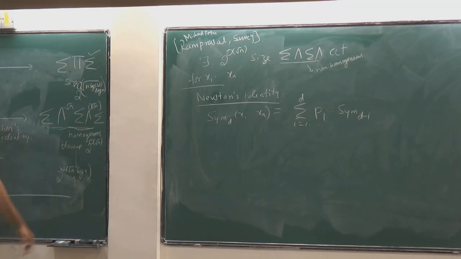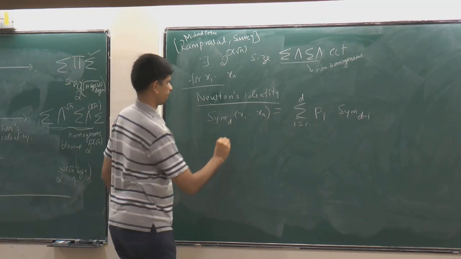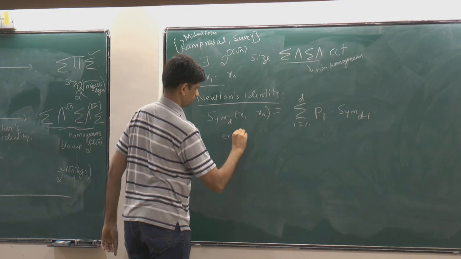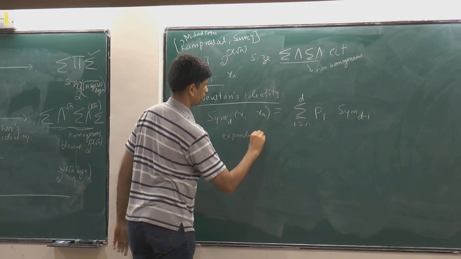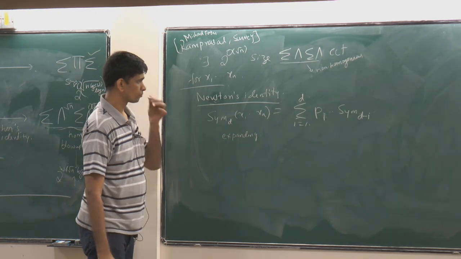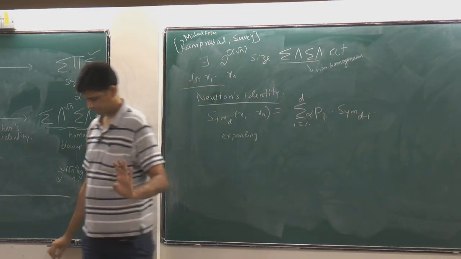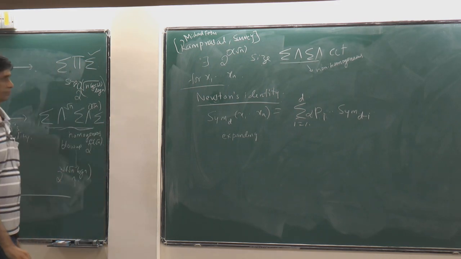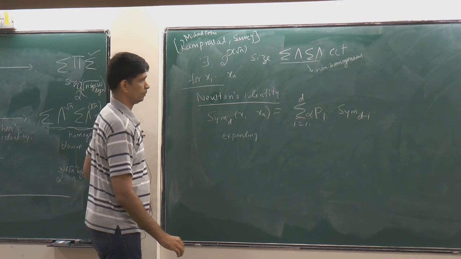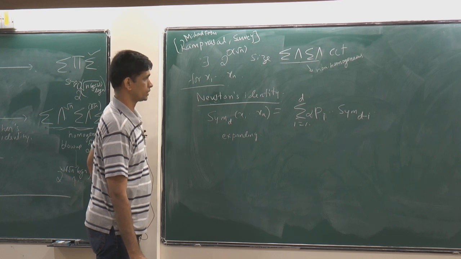If you expand this out recursively, there are some signs, I'll ignore the signs, where alpha is a constant.